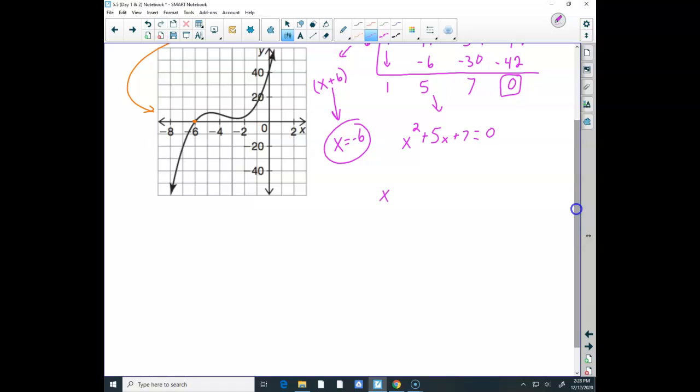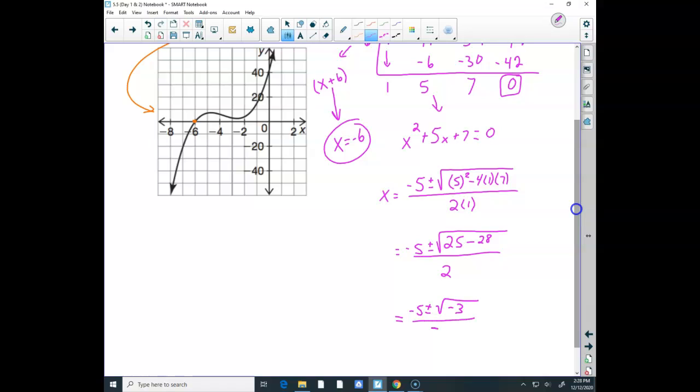We're going to have to say x equals the opposite of b plus or minus the square root of b squared minus 4 times a times c, all divided by 2a, which is going to give me negative 5 plus or minus the square root of 25 minus 4 times 1 times 7, that'd be 28, over 2, which means negative 5 plus or minus the square root of negative 3 over 2.